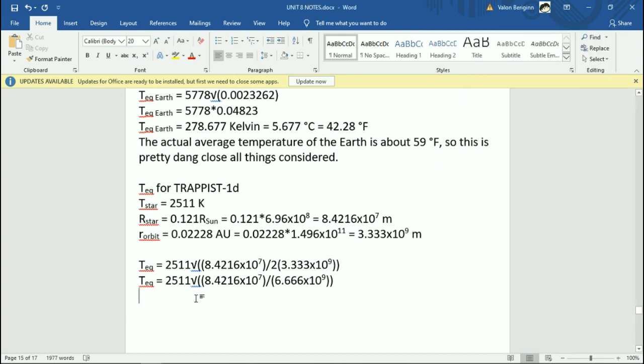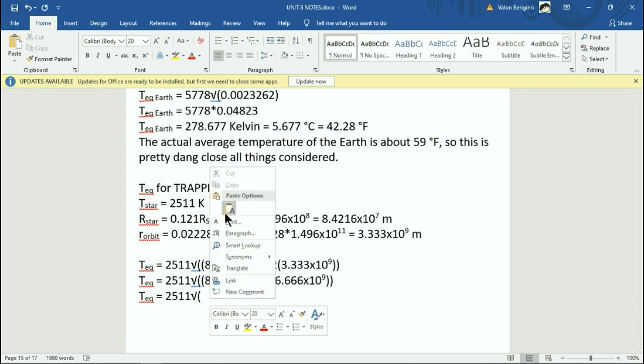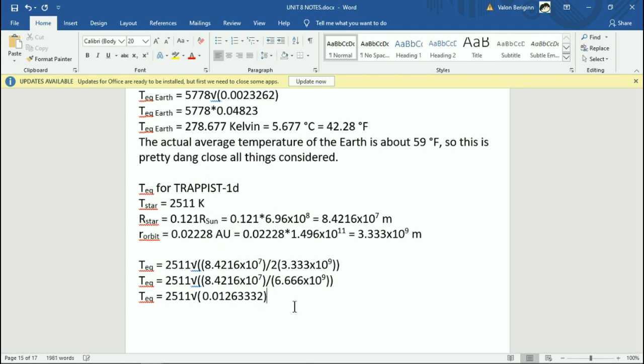It's often nice to round very conservatively in this sense, just to always have the number as precise as you can, within reason. So here's my number there, and now I want to square root that.